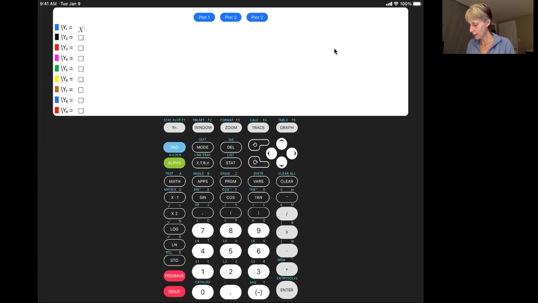x to the 5th minus x to the 4th minus 4x cubed plus 8x squared minus 32x plus 48.